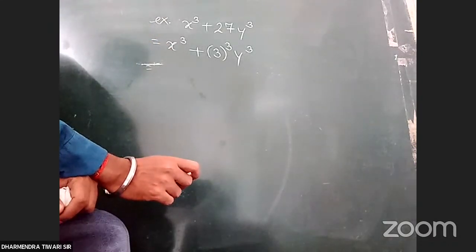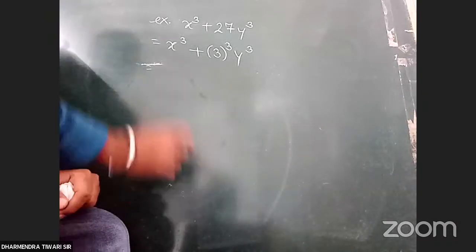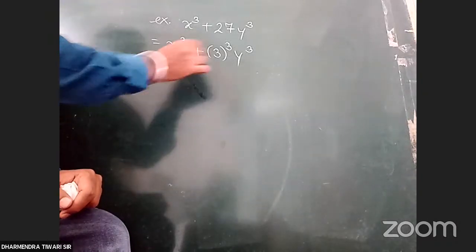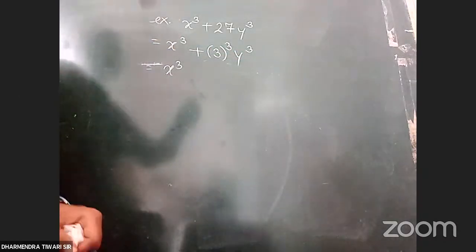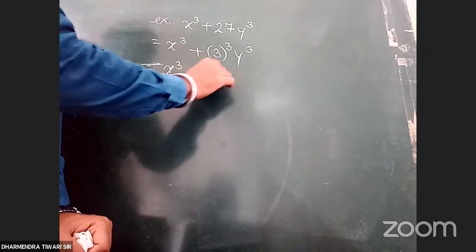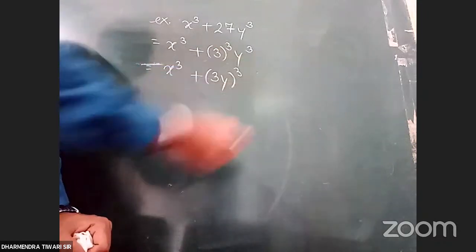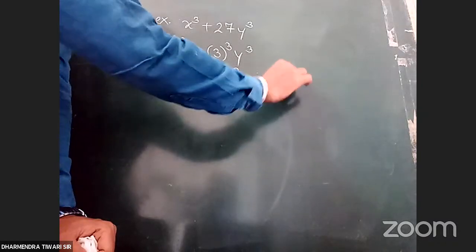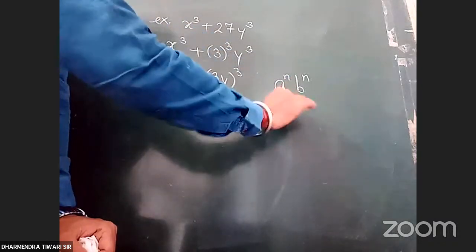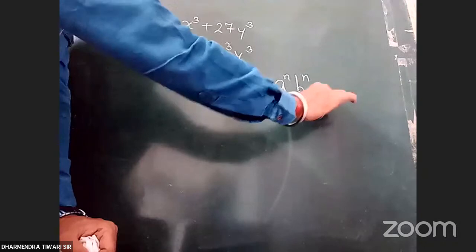So we can write this as x cube. Now again here, law of indices. Which rule? I'm expecting an answer from your side. Which rule have I taken? a raised to n, b raised to n is nothing but a into b whole raised to n.